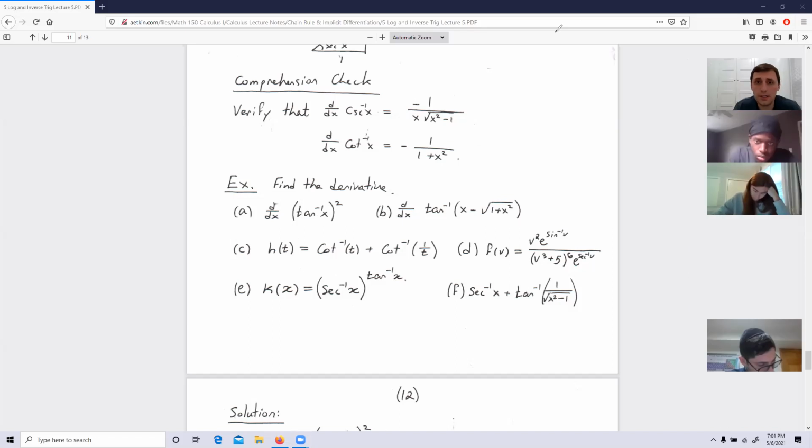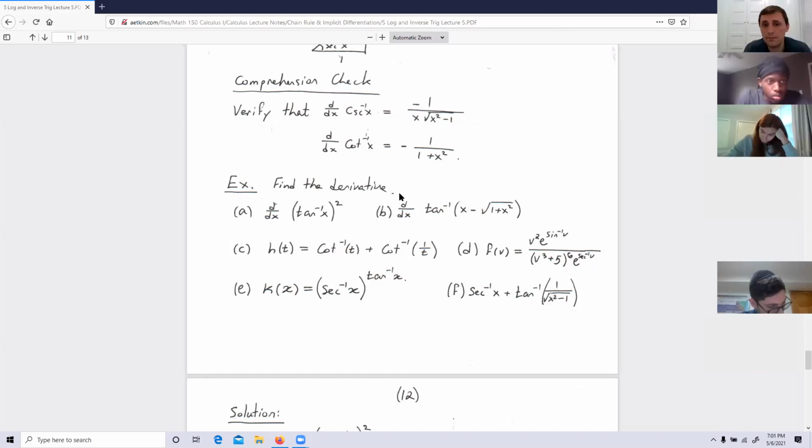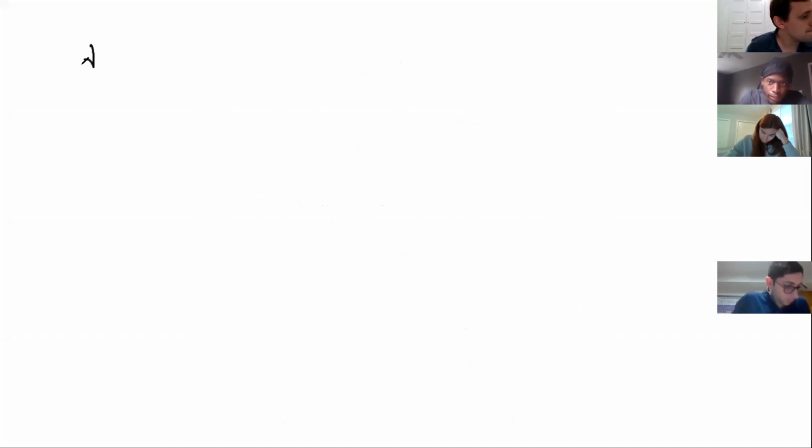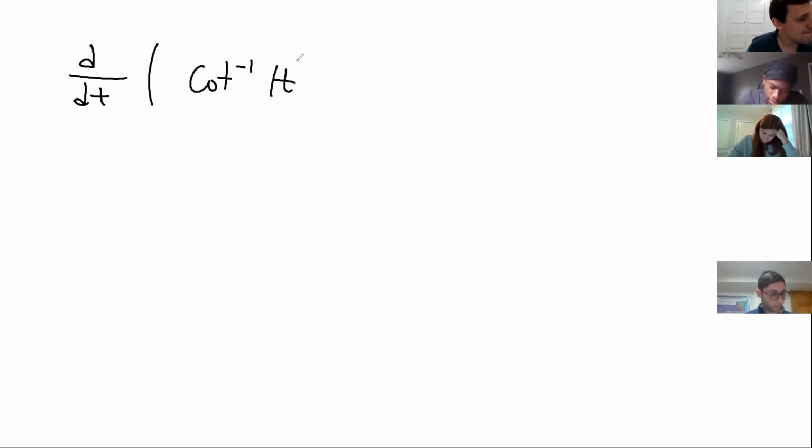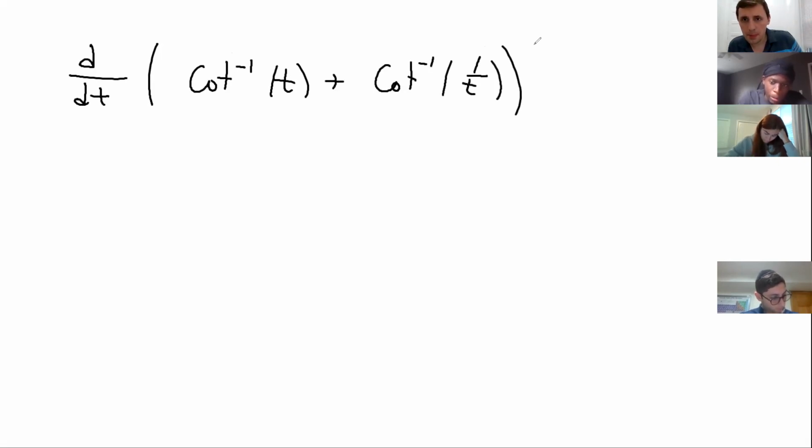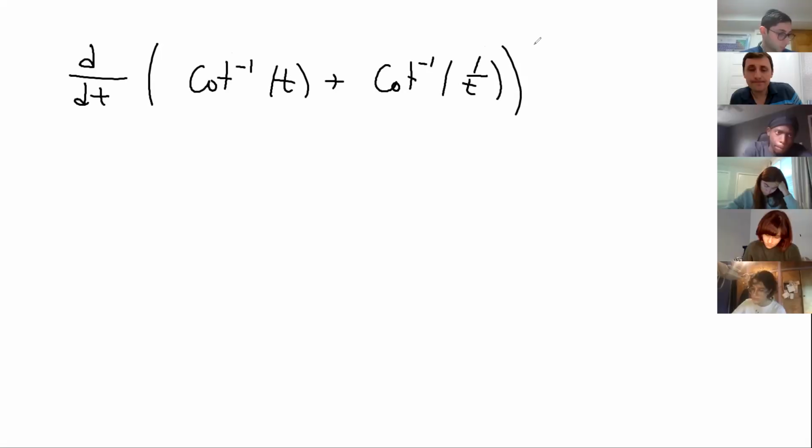Let's in fact do it on a separate page. If you don't know the derivative of cotangent inverse, derive it as well.